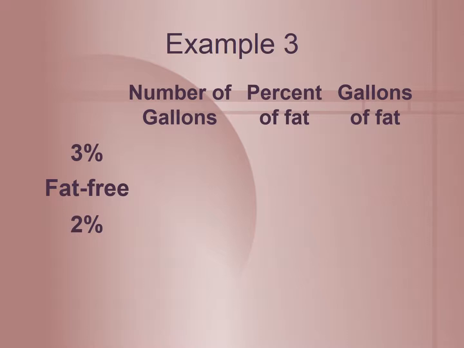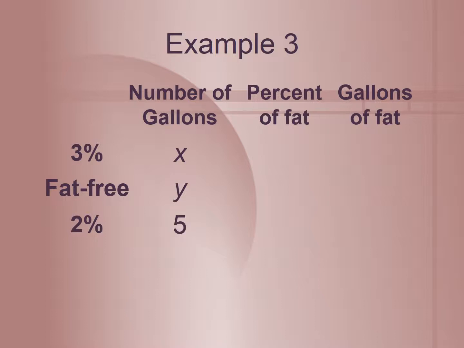We are trying to make 2% milk, okay? So our 2% milk is going to be made up of a combination of 3% milk and fat-free milk, okay? So we're going to have X number of gallons of 3% milk, and we're going to have Y gallons of fat-free milk, okay? And our total number of gallons that we want to create is 5 gallons.